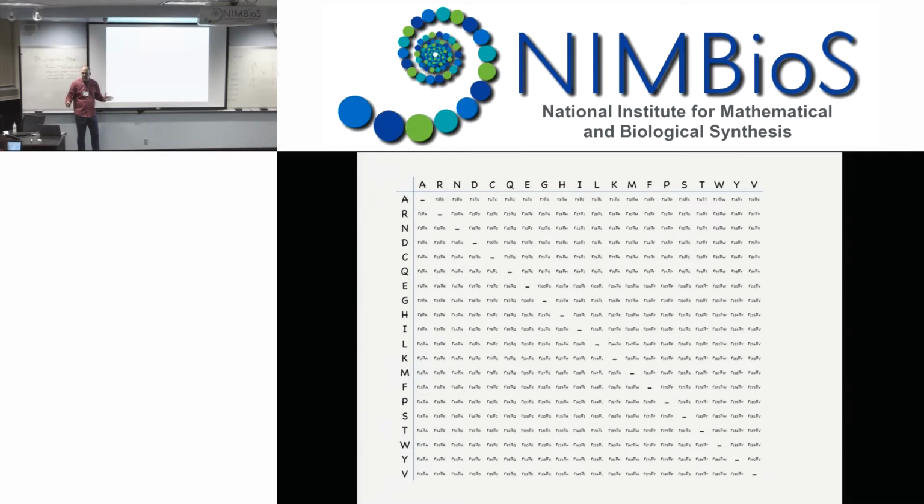That seems like a lot of numbers to me, but to the computer, they're just numbers. And as long as you have the inference machinery behind it, you can often estimate these parameters. It's matrix exponentiation, everything works the same. It just takes a little bit longer because the matrices are bigger. Felsenstein's pruning algorithm works just the same, but instead of summing over 4 things, you're summing over 20. So what it means as a programmer is you go into your code and you search and replace for 4.